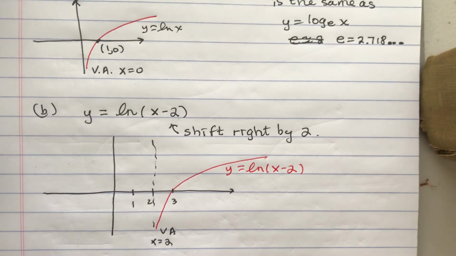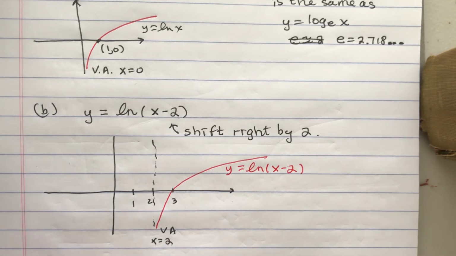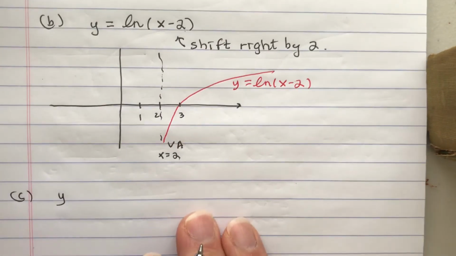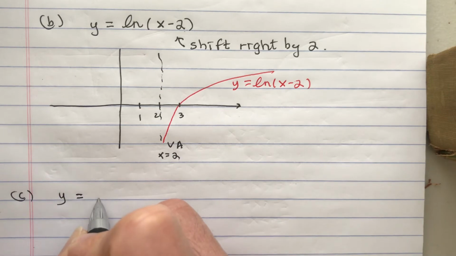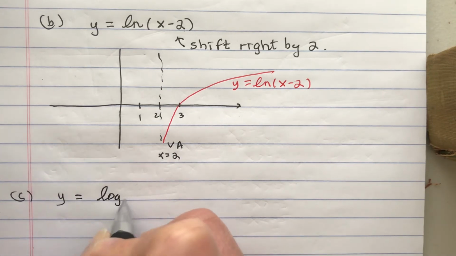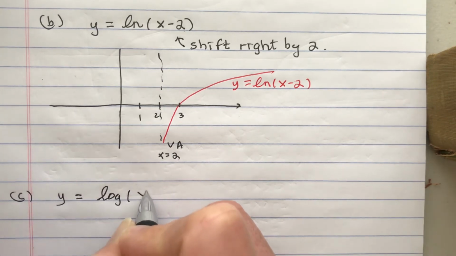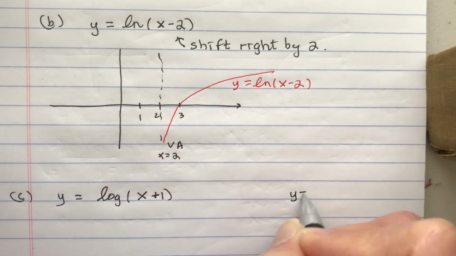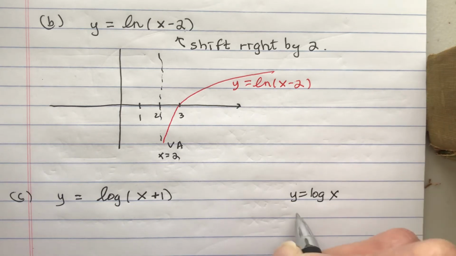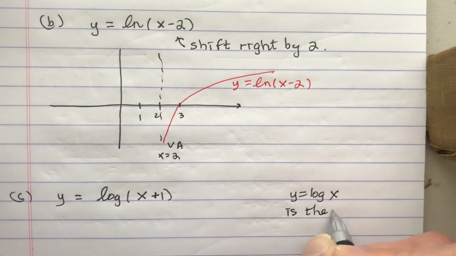All right. Well, let's do one where we shift to the left, might as well. Let's do common log. Okay, so let's do x plus 1. So y equals log x is the common log.